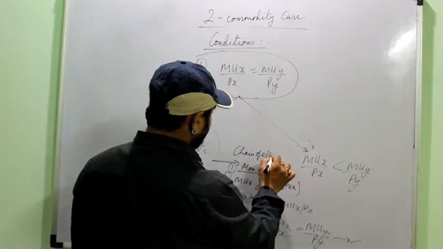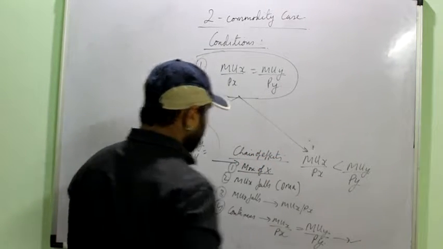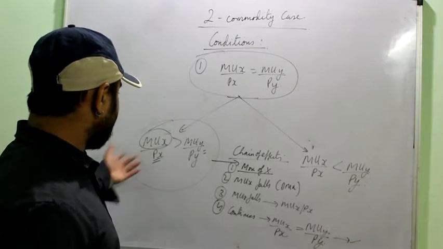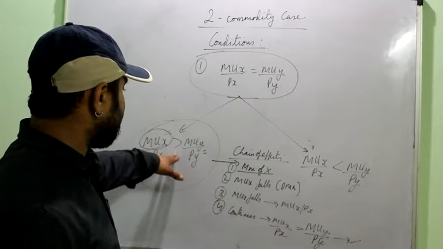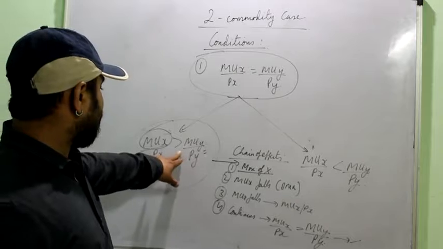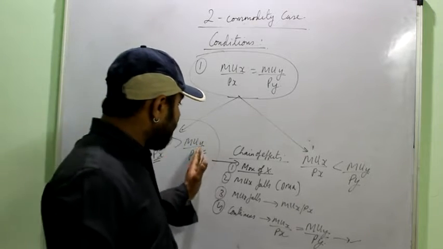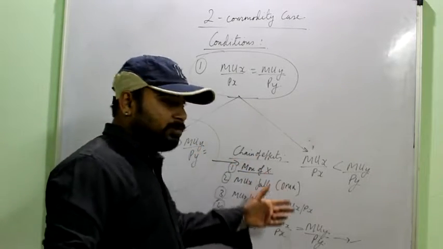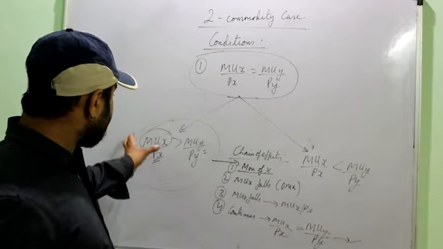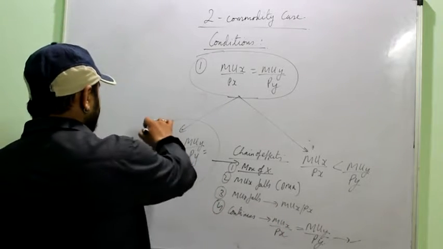The question would be framed in the form of chain of effects, or the reactions of the consumer, if mu(x) upon px is greater than mu(y) upon py. Or it may be asked what chain of effect would take place, or a question may be framed by giving you the values.